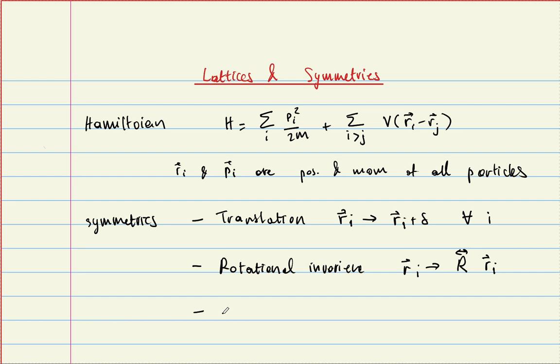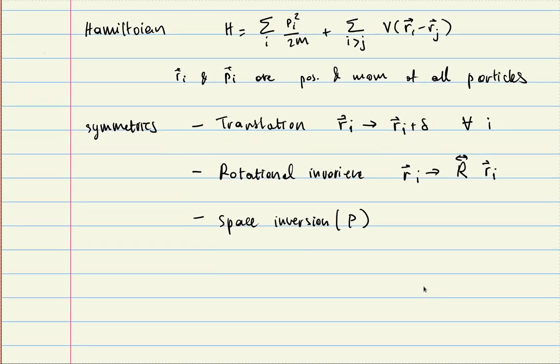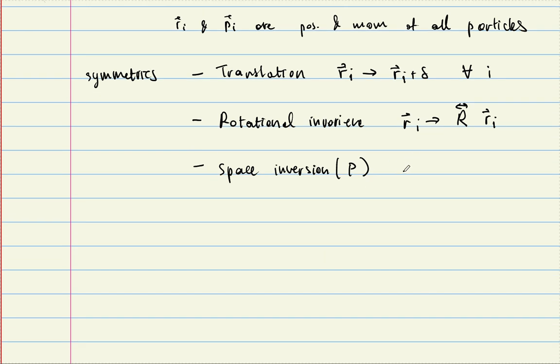Another one is space inversion. This is sometimes called parity, P for parity. For this, you need to specify a point; this is with respect to a point.